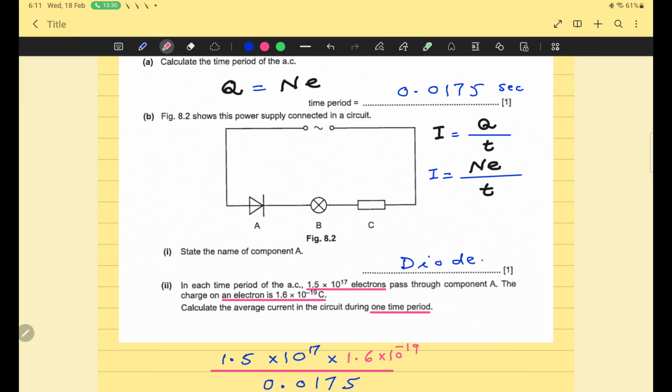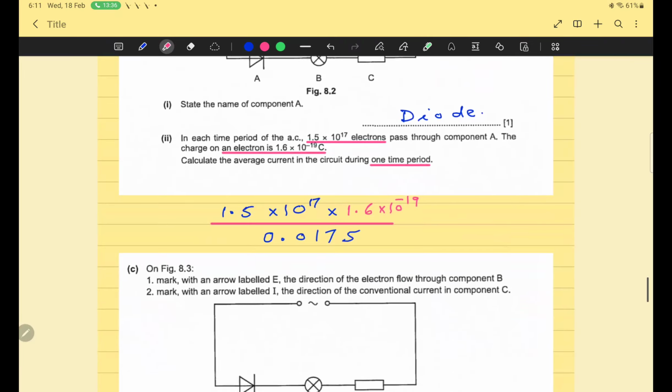It is the value of E. So charge is equal to Ne divided by time, and then you can calculate current easily. So this is the answer.